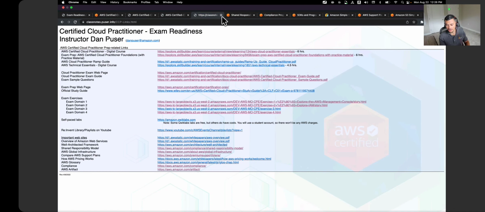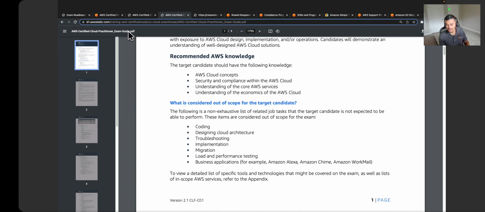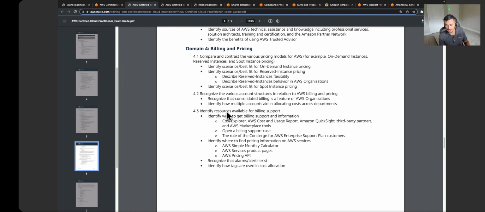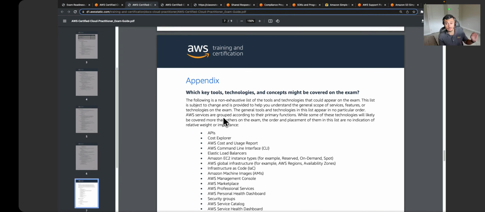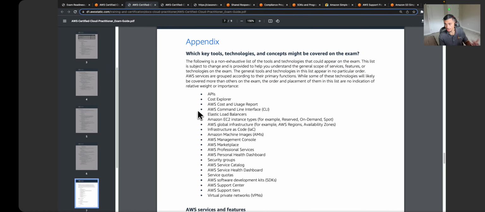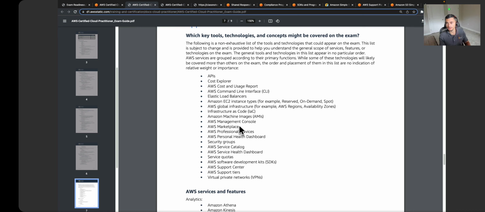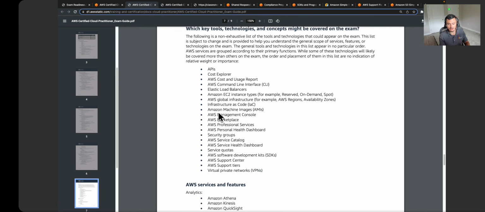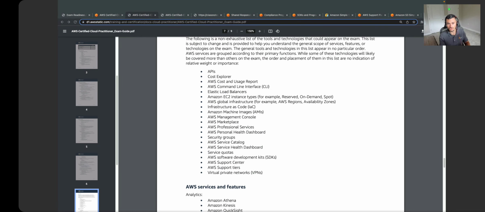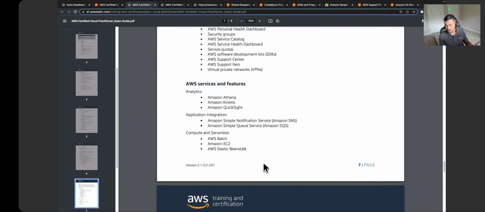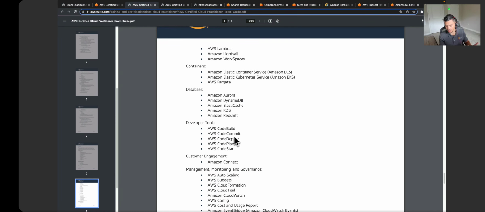Other than that, at the end of the exam guide, so we've reached the end of the exam guide, you'll see the appendix, right? So make sure you also go through the appendix because these are also potential services that can be asked about in the test. So you can see here, we didn't go through services like, for example, Amazon CodeCommit, but on a high level, you should know what CodeCommit is.